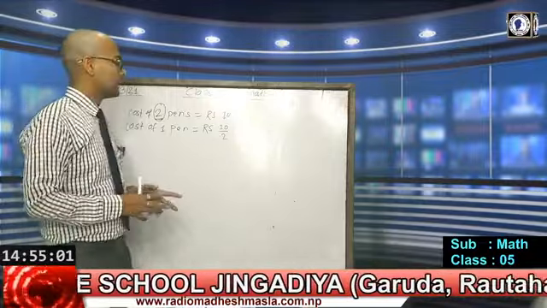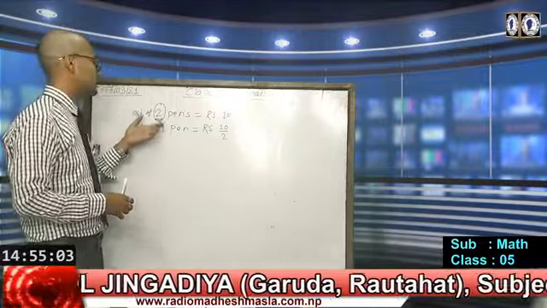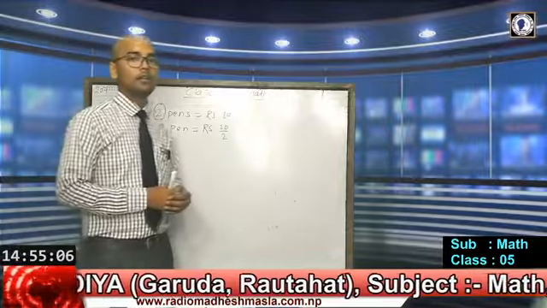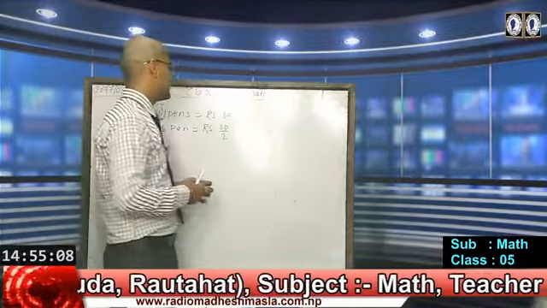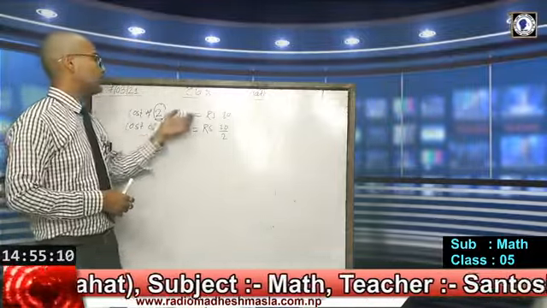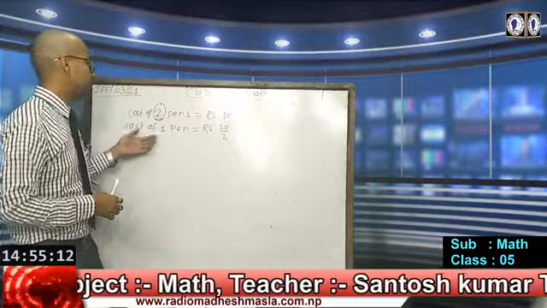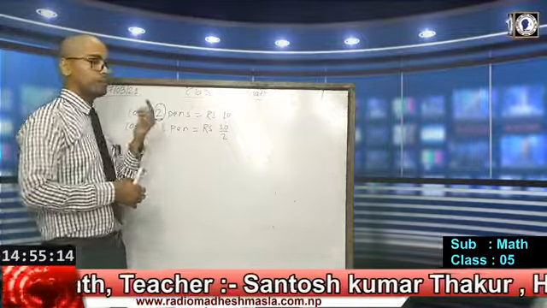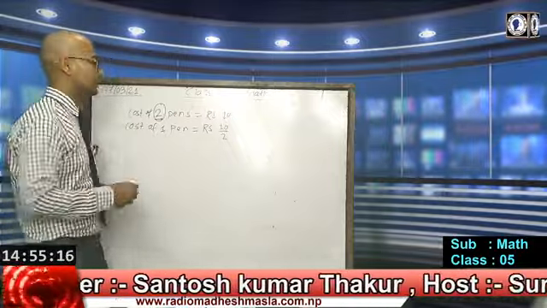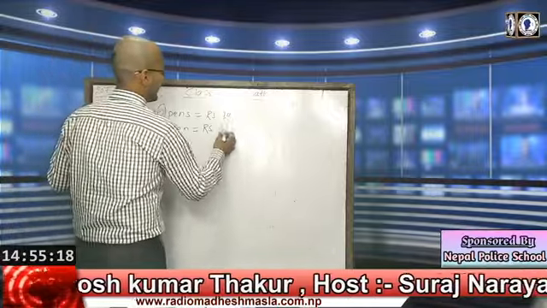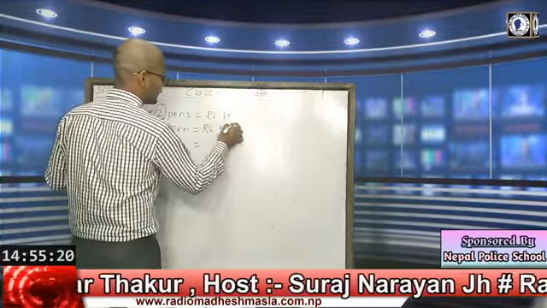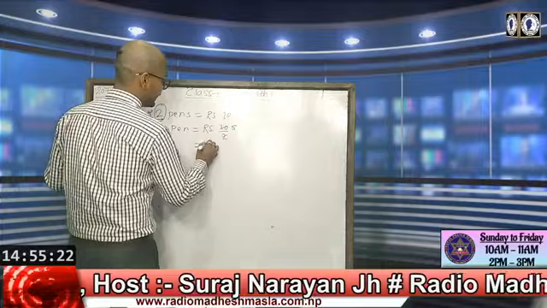But if the cost of more than one item is given, and we need to find the cost of a unit item, then we have to divide. So 10 divided by 2 means Rs 5.